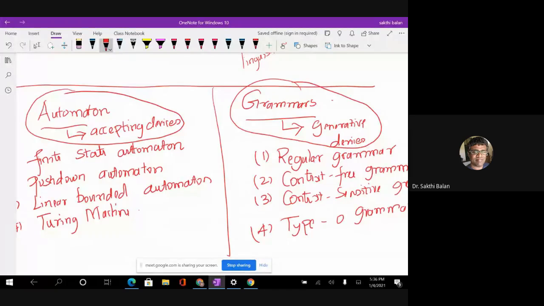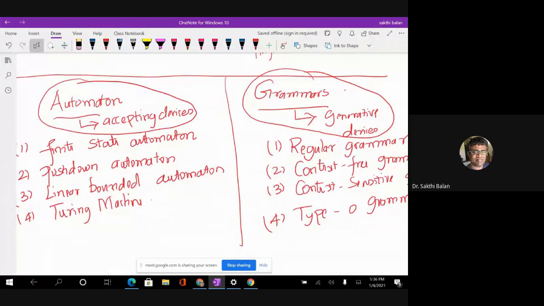You will be able to get why we call automata accepting devices and why we call grammars generative devices. So when we are looking at these two types of abstract devices, one is the automaton and the other one is the grammar.